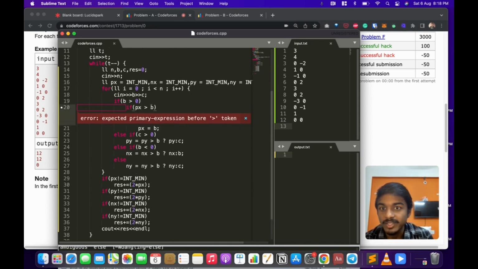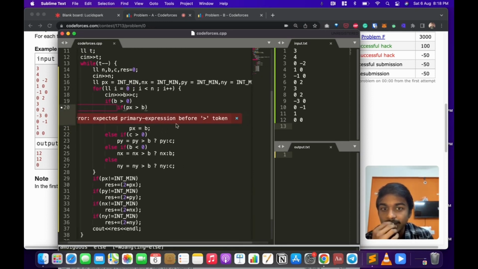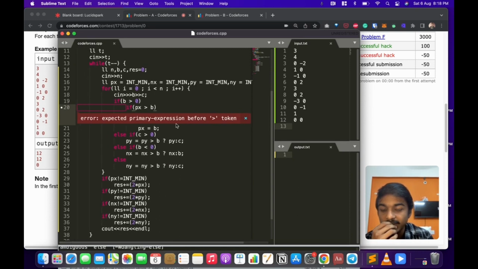If int min is greater than b, before greater than, what expression is it expecting? Expected primary expression before greater than. What?